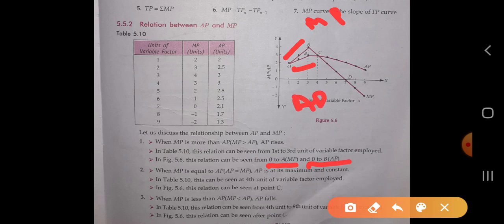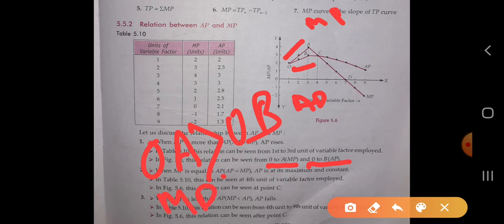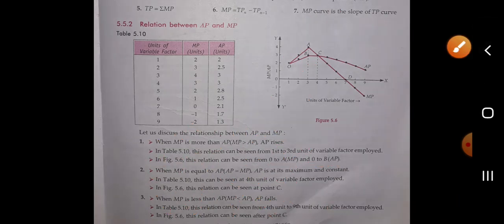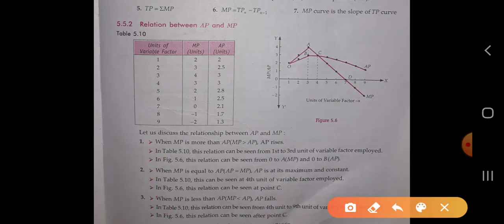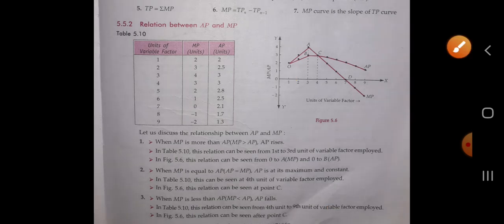Here we can see that OA is more than OB, so MP is greater than AP, and in that condition AP is continuously rising. So if MP is more than average product, then in that condition AP will continuously rise from point O to point B.